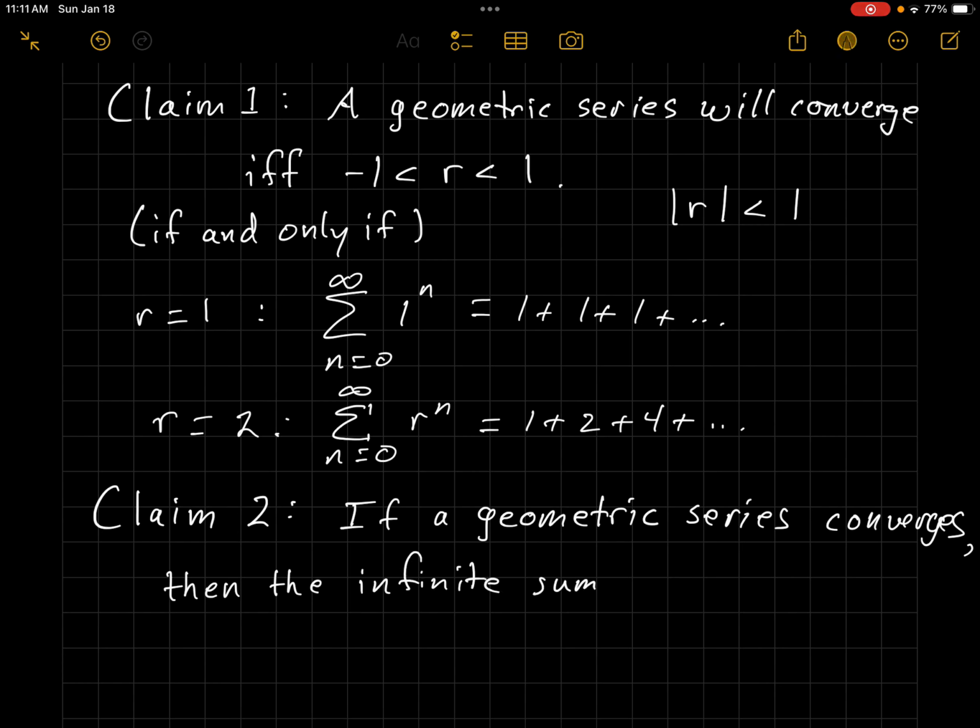In fact, it's given by the infinite sum is, and I'm going to write it like this, as first term over 1 minus the ratio. A lot of books show this as a sub 1 or a sub 0 or something over 1 minus the ratio. But I like to write it as the first term over 1 minus the ratio.